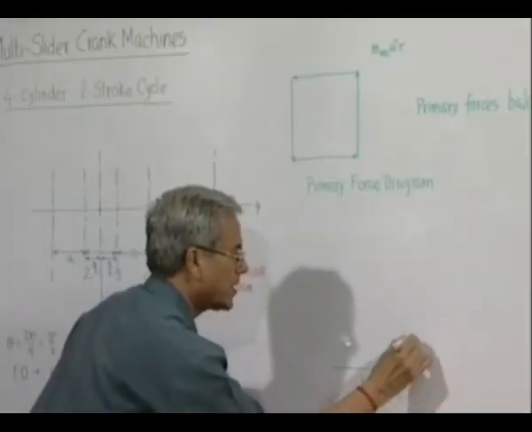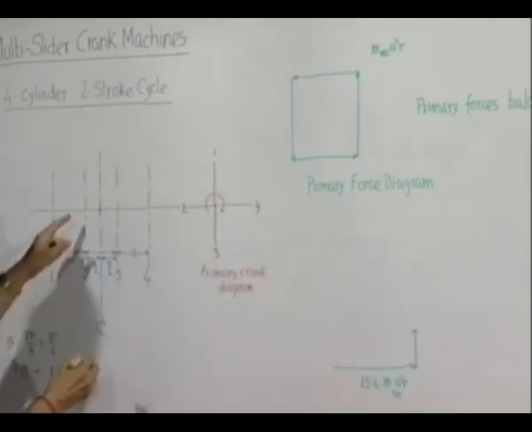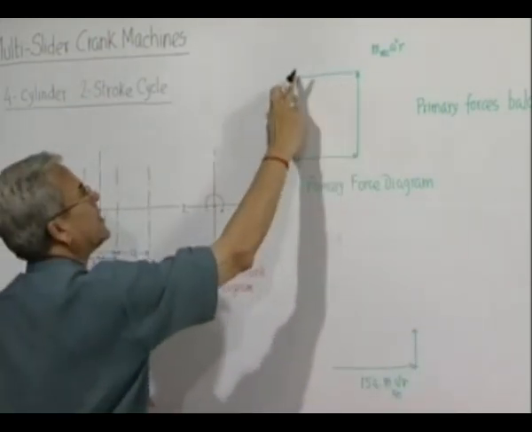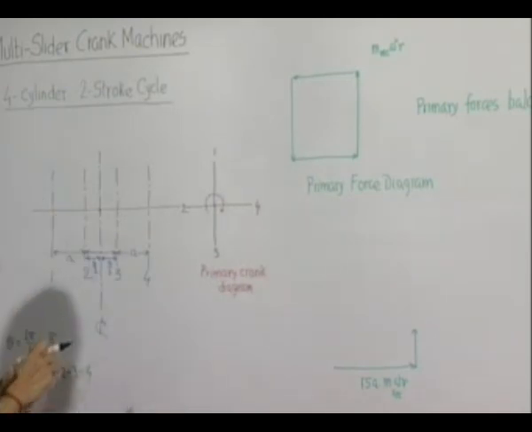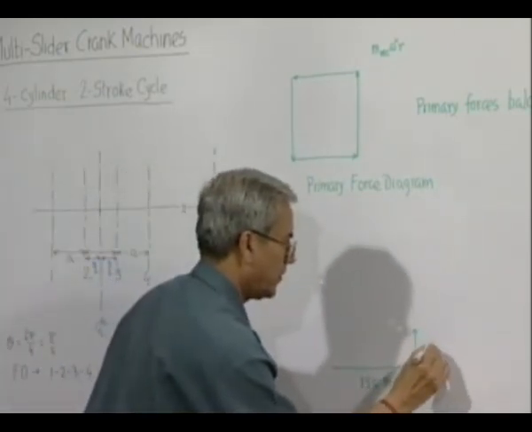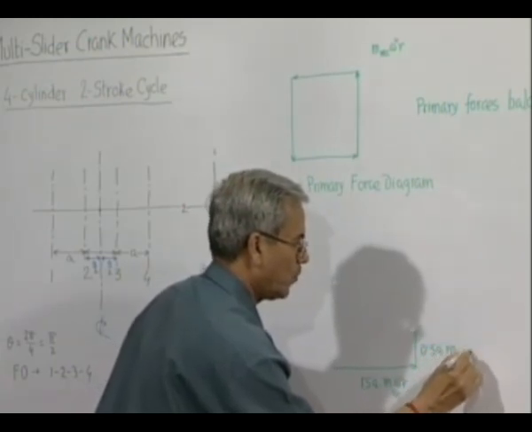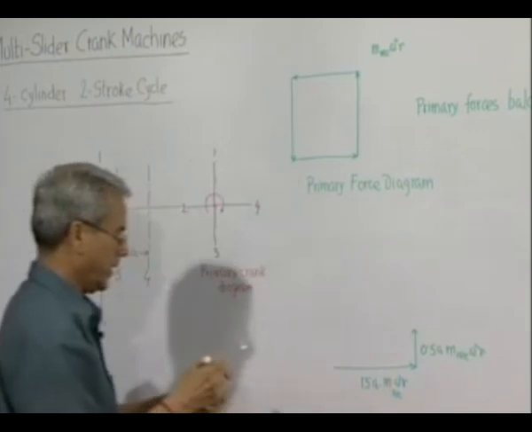In the upward direction, the magnitude of the force is the same, m reciprocating omega square r, but the distance is only 0.5 a. So, it will be... Okay.